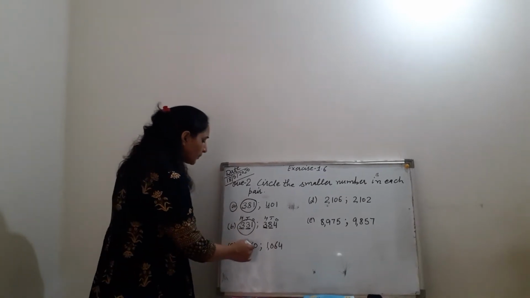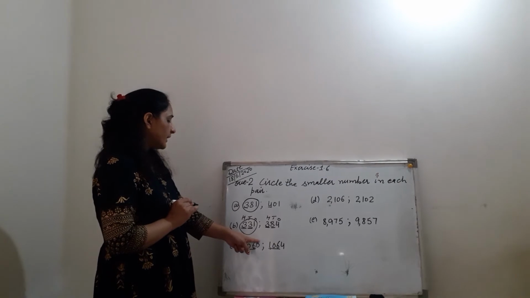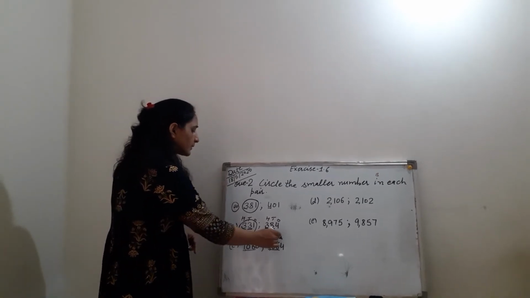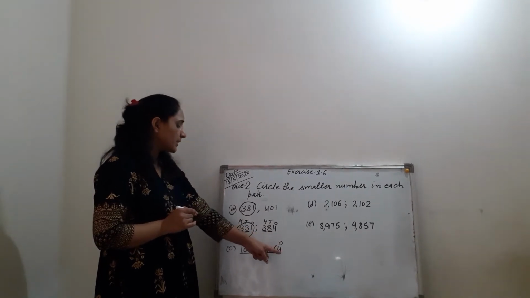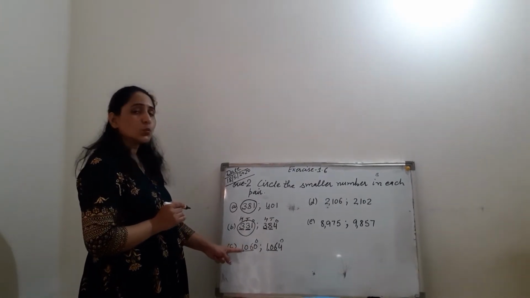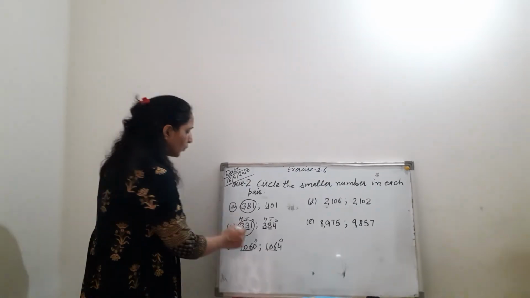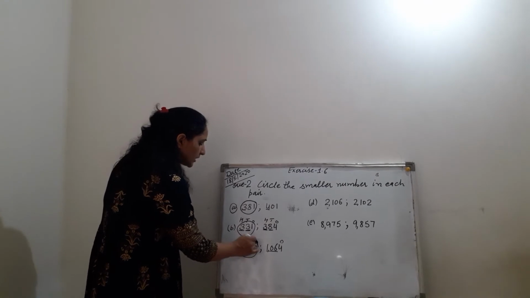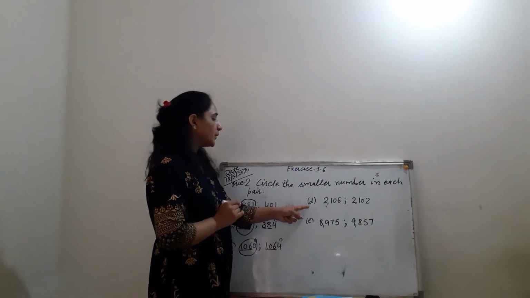It means all are equal. So we see here in the ones place. In the ones place there is 0 and in the ones place there is 4. So which one is smaller? 0. Here is 1060 and it is 1064. So 1060 is the smaller number. Clear?